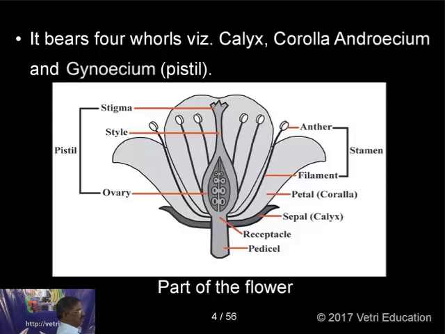Each stamen has a filament and anther lobes, and at the center you can find the gynoecium. The gynoecium has a broad lower portion, that is called the ovary. Above this is a stalk-like structure, the style, and at the tip is the stigma. The total gynoecium is the pistil. The calyx is the first whorl, the corolla the second whorl, the androecium the third whorl and the gynoecium the fourth whorl. All the floral whorls together form a flower.